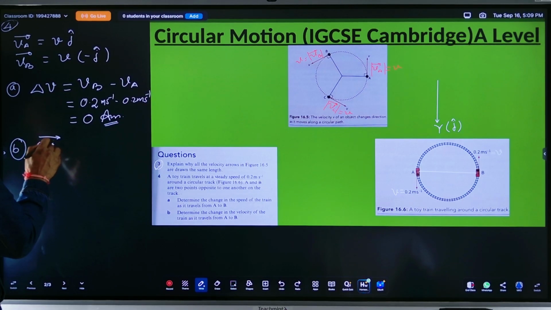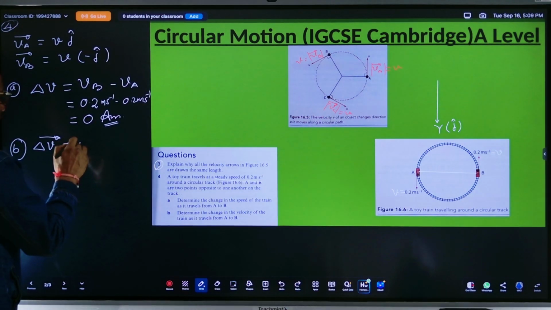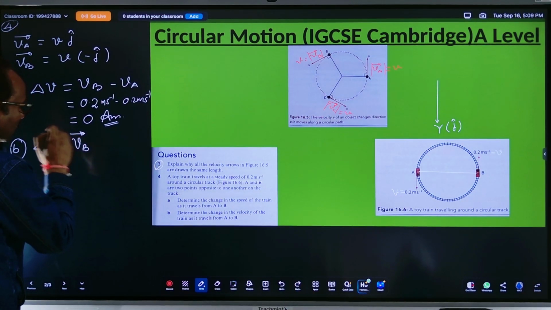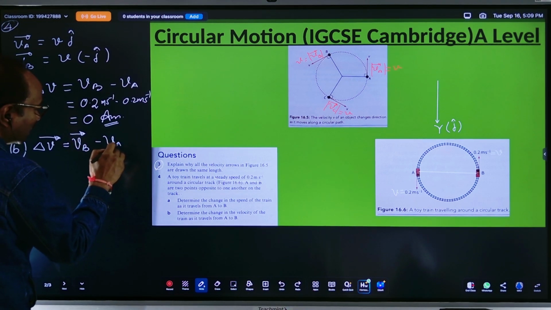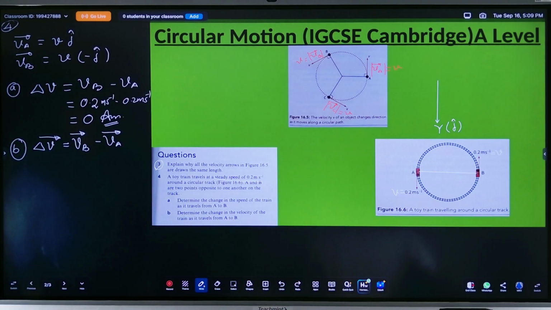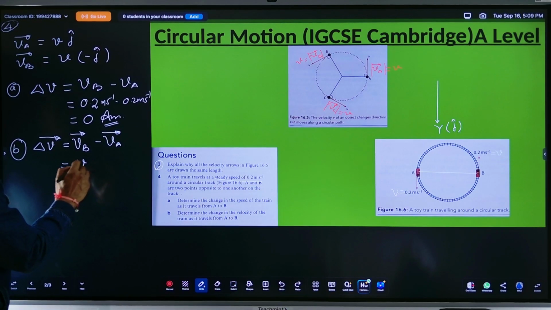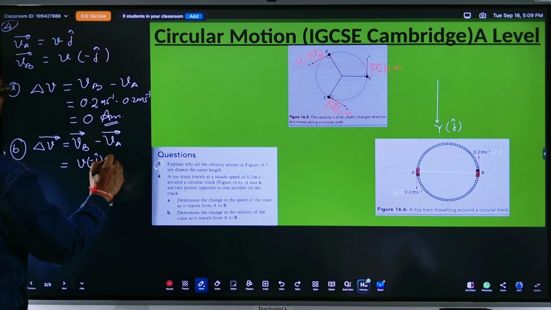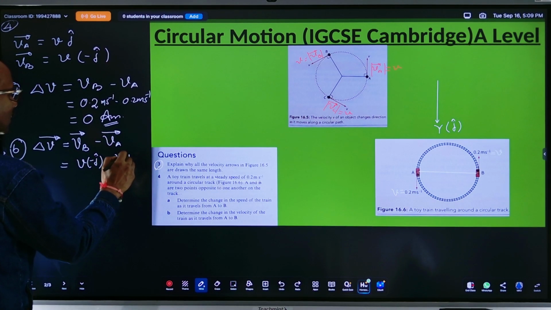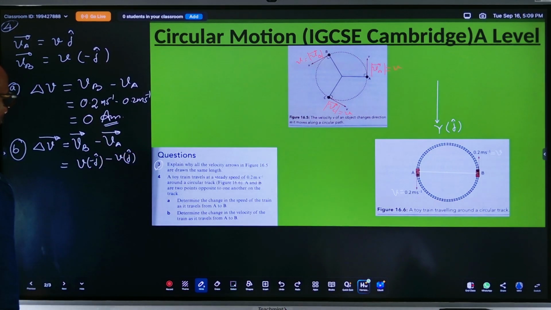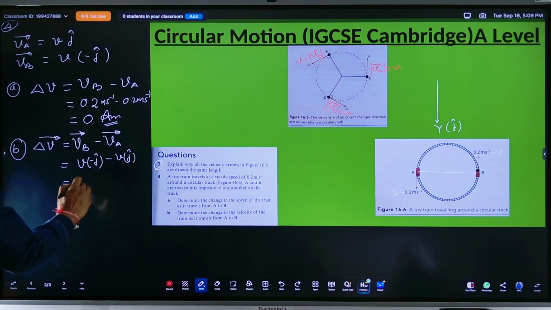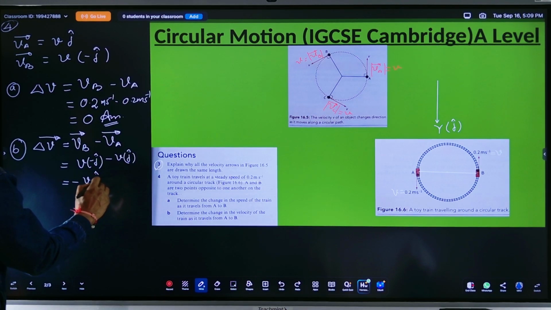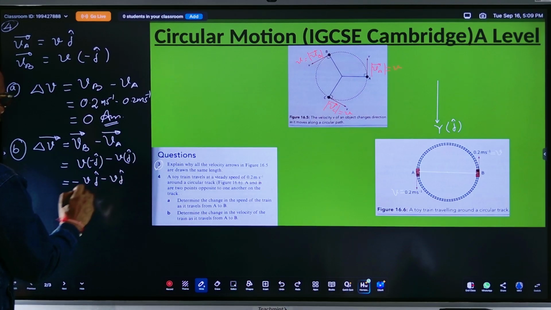Since velocity is a vector, we will write like this: velocity vector at B minus velocity vector at A. That is V(−j) minus V(j), which is minus V j minus V j.